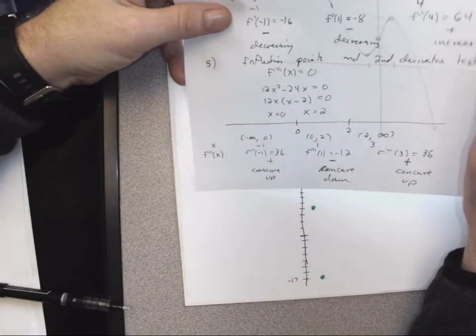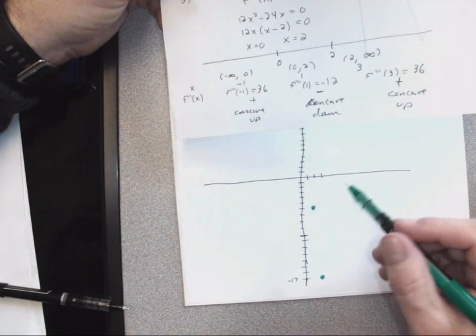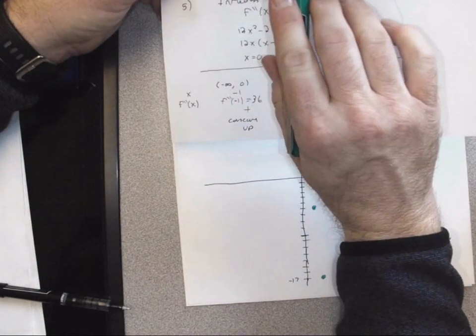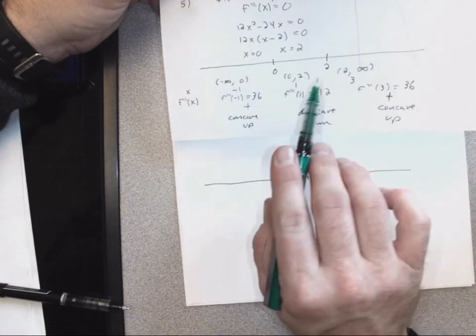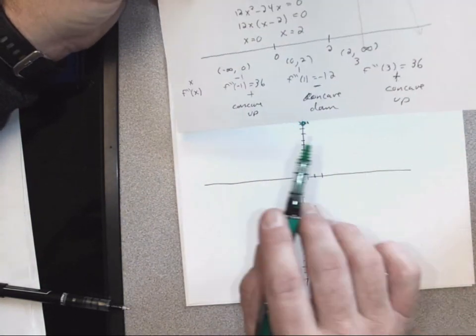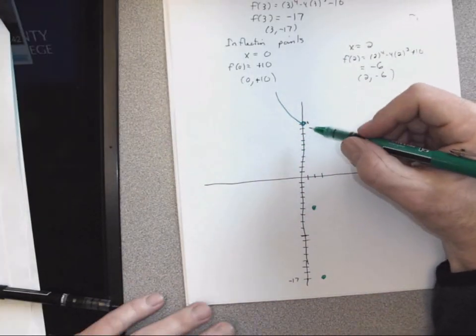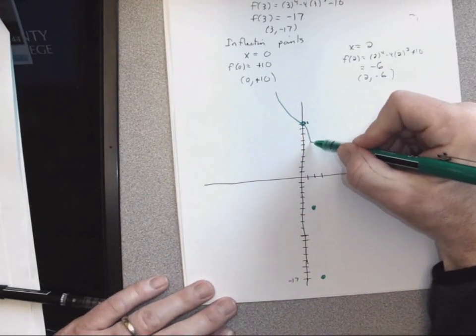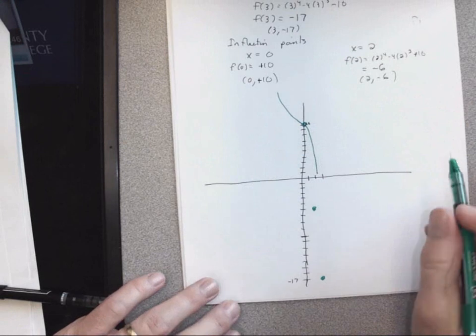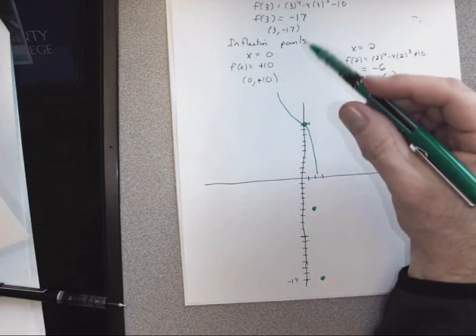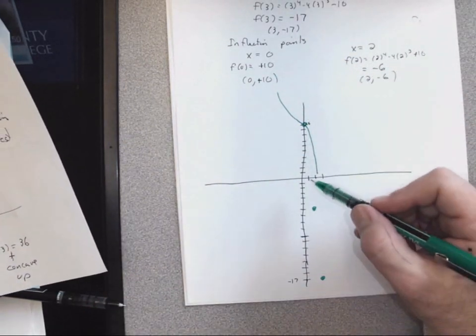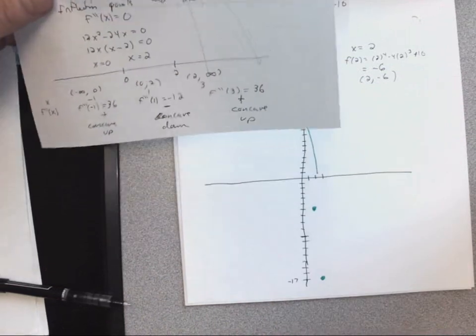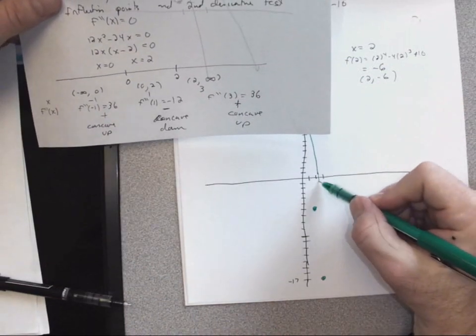Now I also know from 0 to 3, so I'm going to go from 0 to 2 right now, but from 0 to 2 it is decreasing, and from 0 to 2 it is concave down. So this is going to decrease concave down, so it's got to look like this. Remember that this is an inflection point at 0, so it's going to be one of those vertical inflection points. I'll come down and hit this in a second.